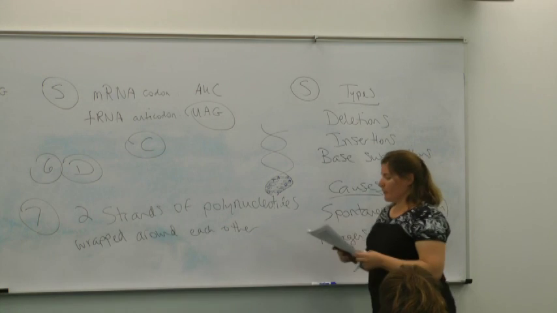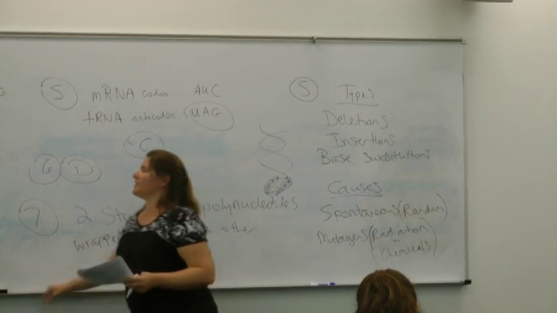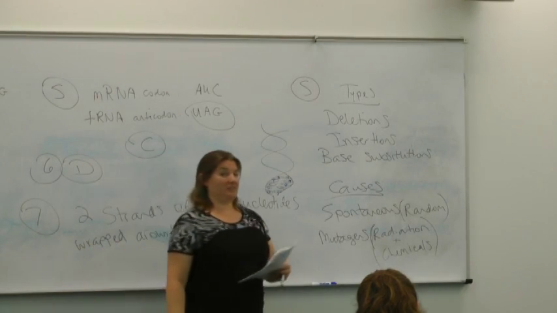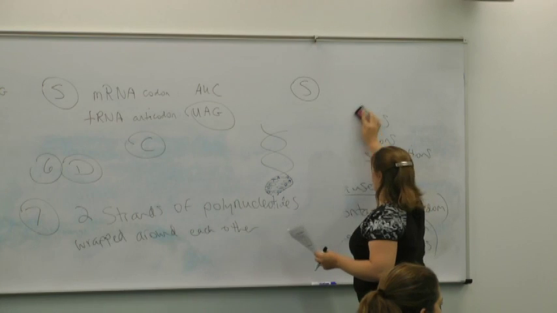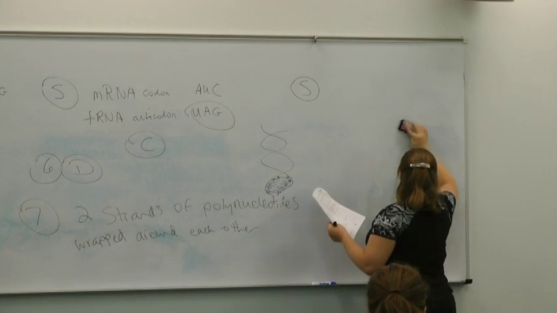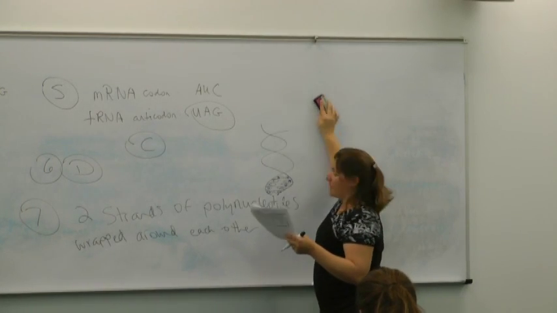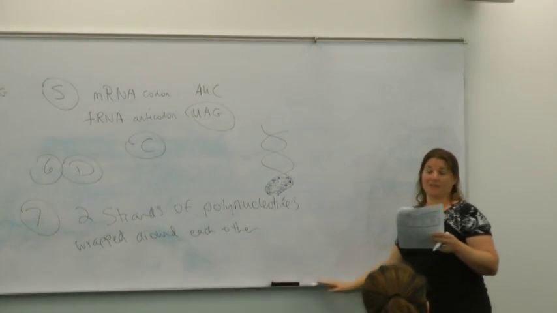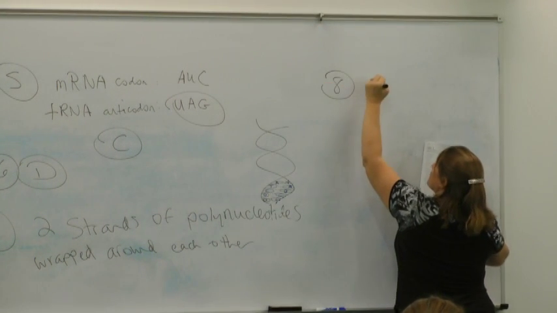Okay? And number 8, what is the role of ribosomes in protein synthesis? The ribosomes are where what is brought? The site of protein synthesis. That's right. So the ribosomes are the site of protein synthesis.